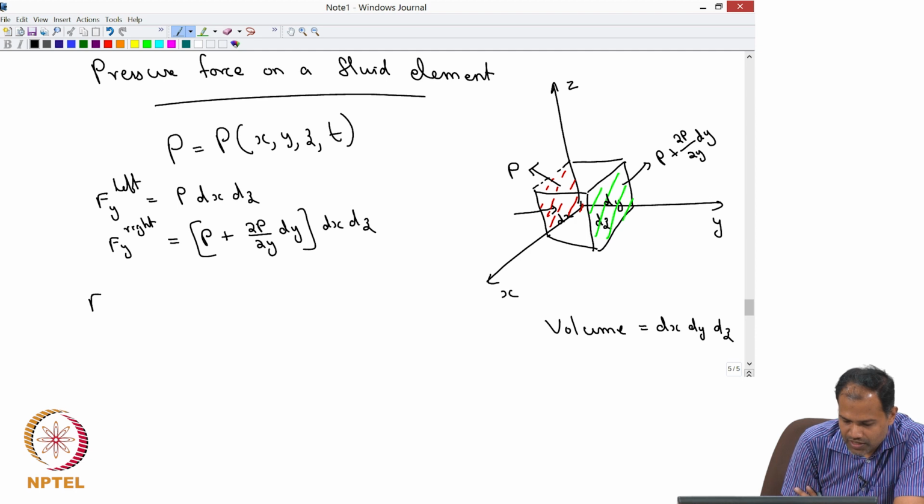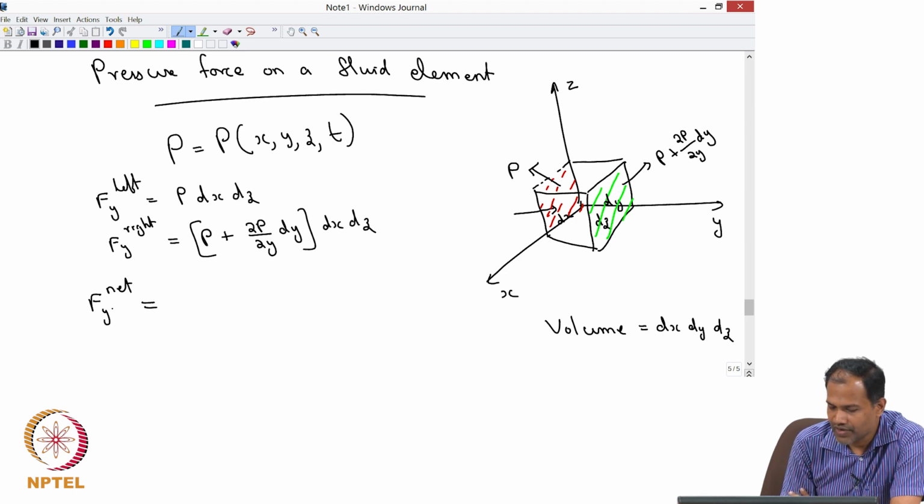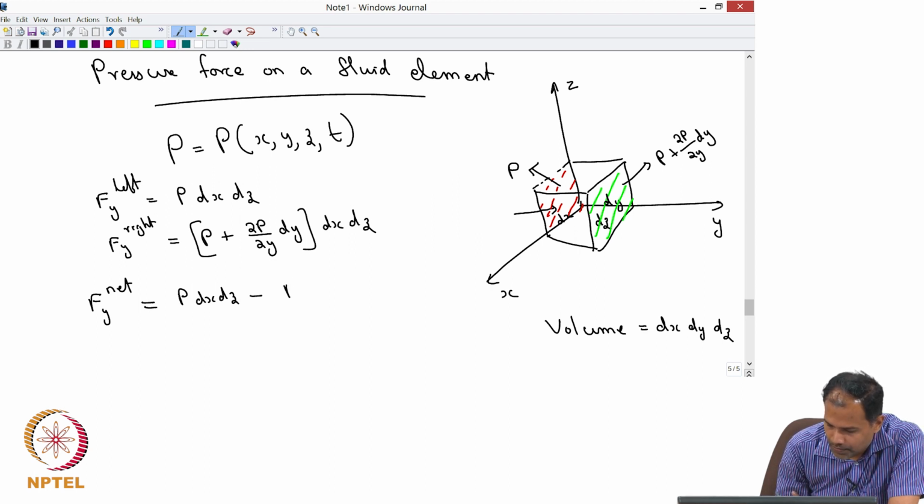So, Fy net, the force acting in the y direction, is given as P dx dz minus P plus dou p by dou y into dy, into dx dz.